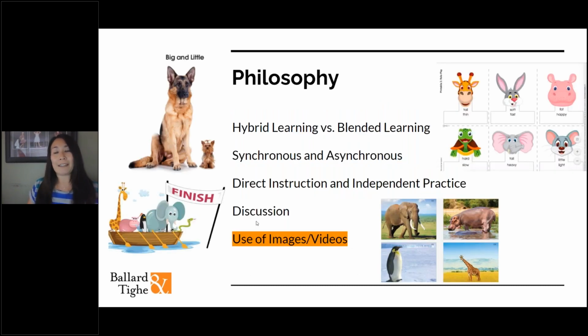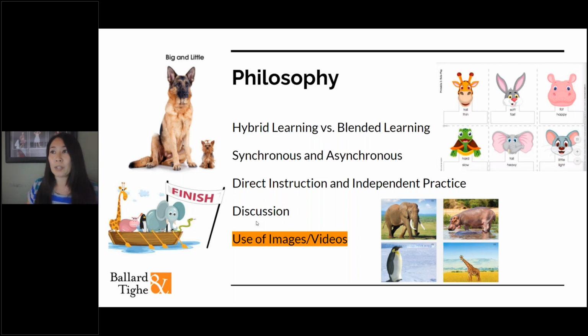Use of images and videos. So students at this young age need a lot to look at. They need to not just be looking at you the whole time, because then it's just words and they may not understand what you're even saying, especially if they're lower level English learners. But here you could see use of images, talk about color, talk about, you know, short versus taller, big versus little, and you're going to see a lot of things that will get them excited about the learning because of the use of images.